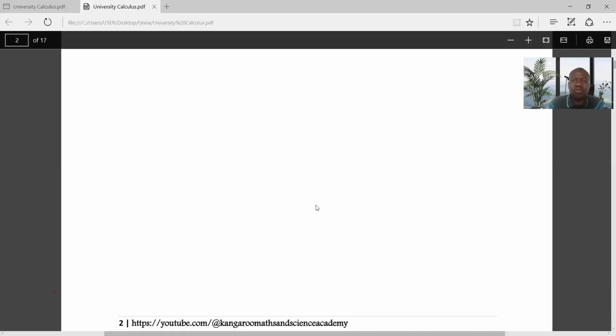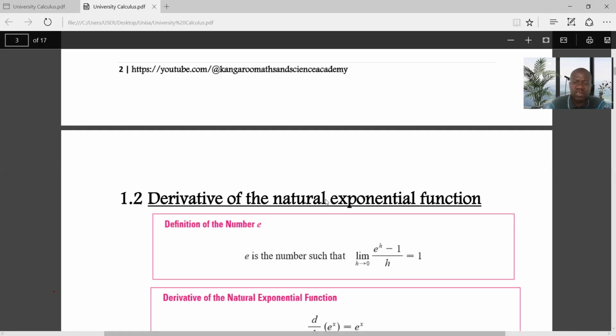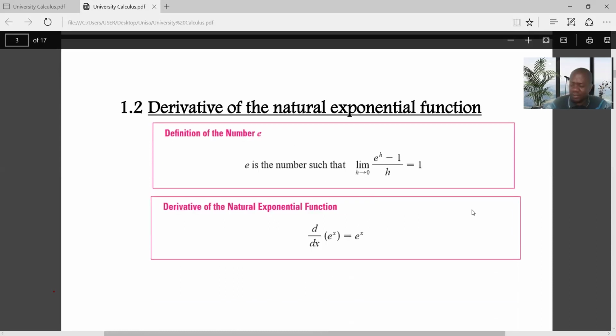Before I talk about the product rule and quotient rule, there's something I want to address first. I want us to talk about the derivative of a natural exponential function.